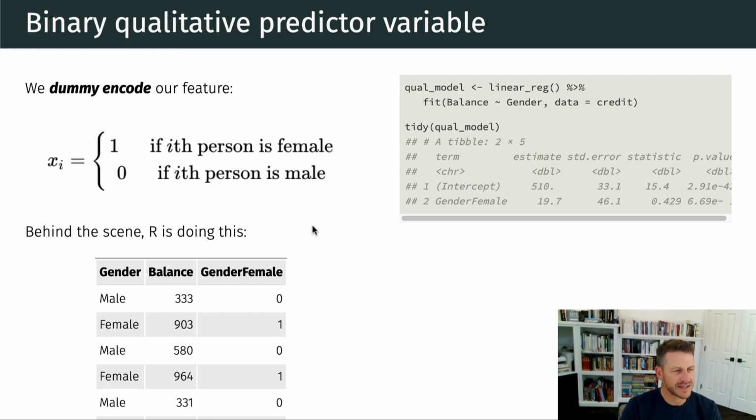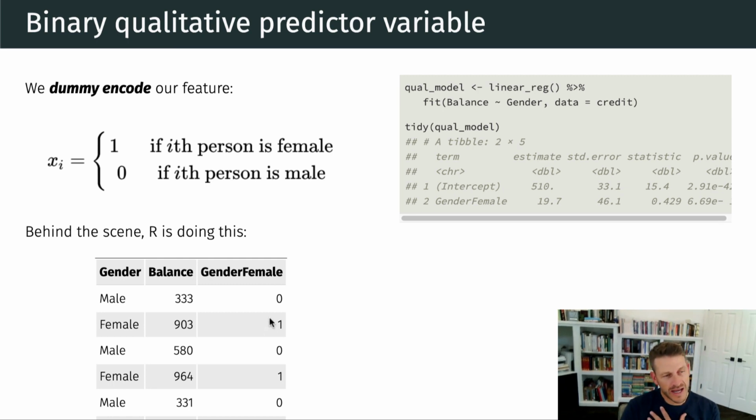Behind the scenes, R takes our gender variable and says, if the value is male, I'm going to replace this with 0. If the value is female, I'm going to replace this with a 1, and I'll do that for each observation.